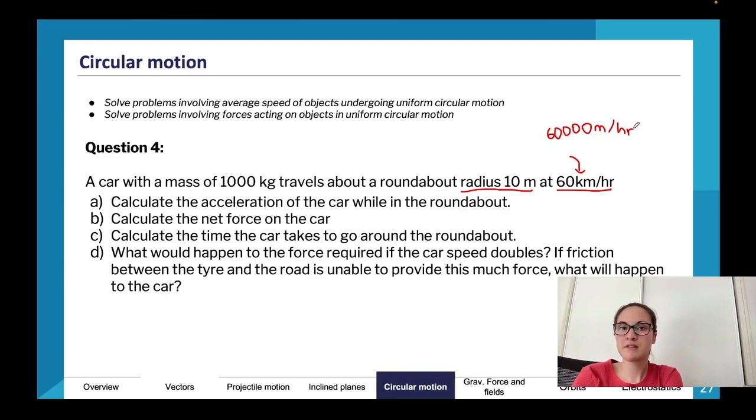There are 60 minutes in an hour, and 60 seconds in a minute. So we divide by 60 times 60, which is 3,600.